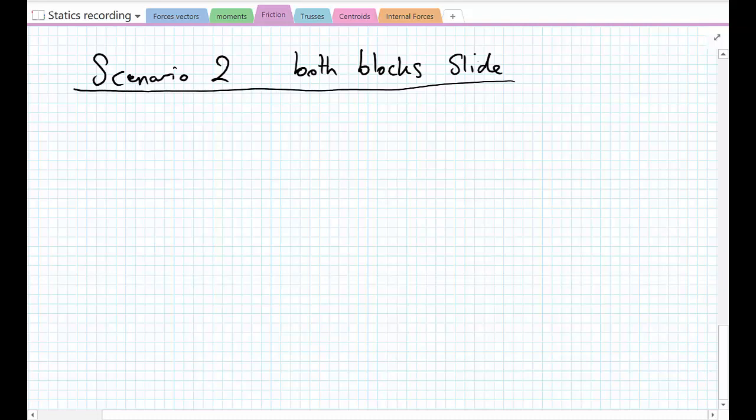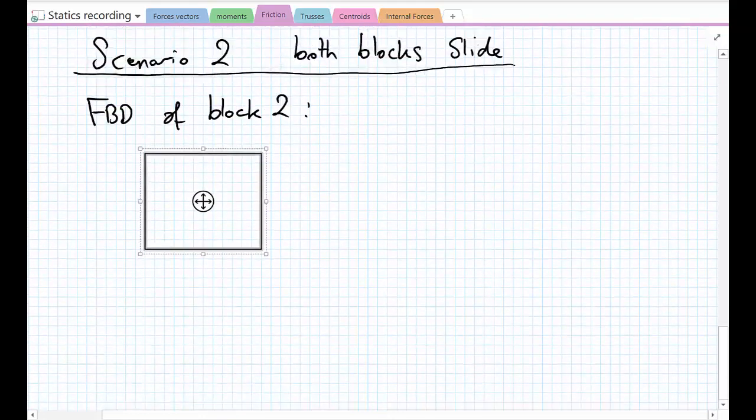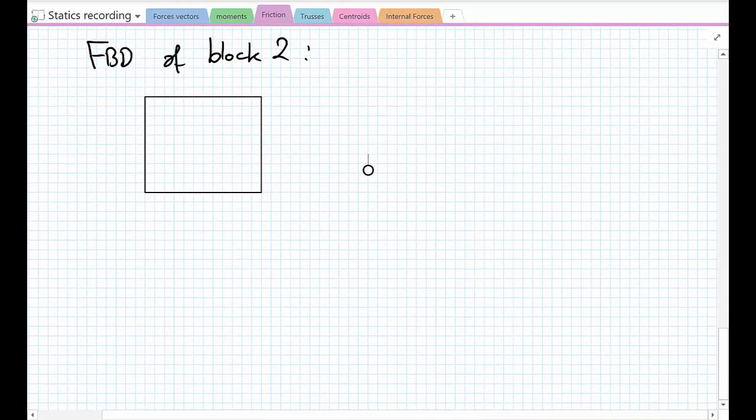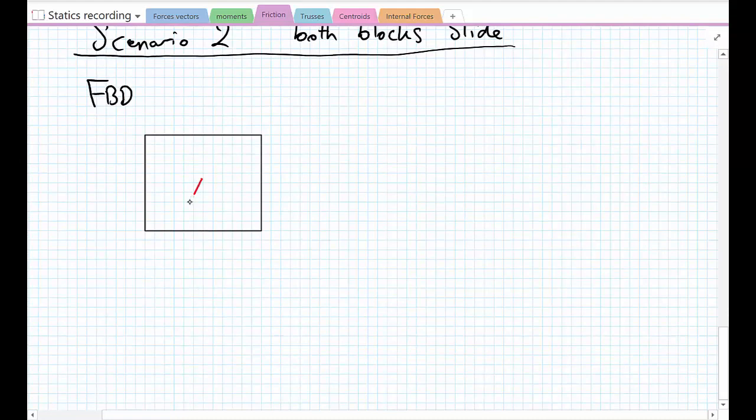And let's draw ourselves a free body diagram of the bottom block, so block 2. So FBD of block 2. So here's our block, and I need a bit more space, so I'll just remove those words for a second. In this case, for block number 2, I'm going to cheat a little bit in terms of saving space.